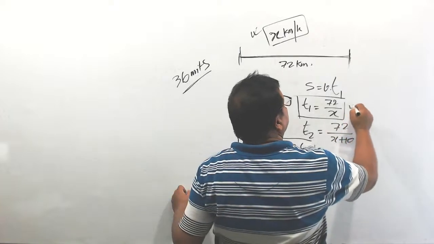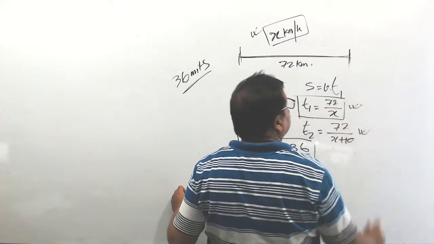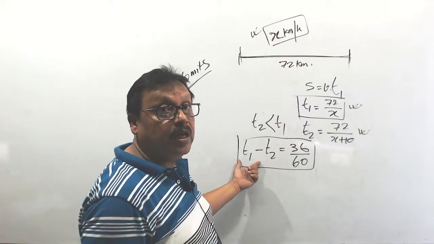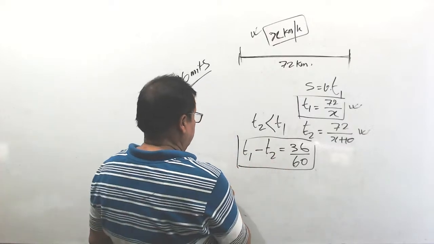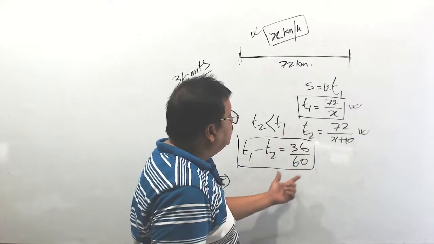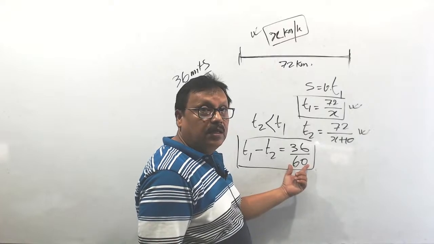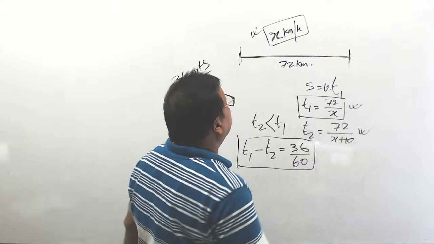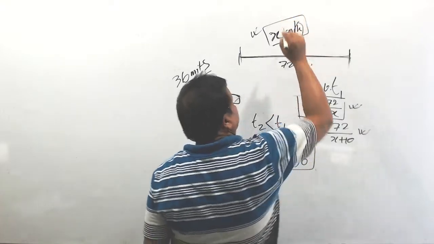T1 is the usual time, T2 is the time at increased speed. T2 is lesser, so subtracting it from T1 will give a positive result. Now T1 is equal to what? I divided 36 minutes by 60 to convert it into hours, because all our calculation is in hours.